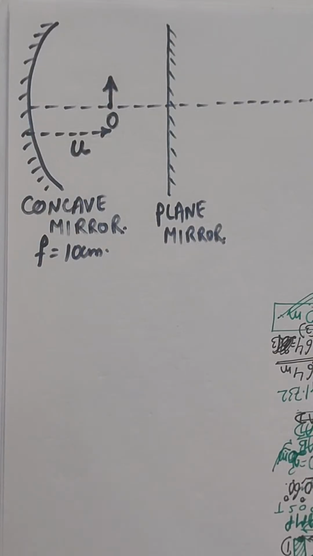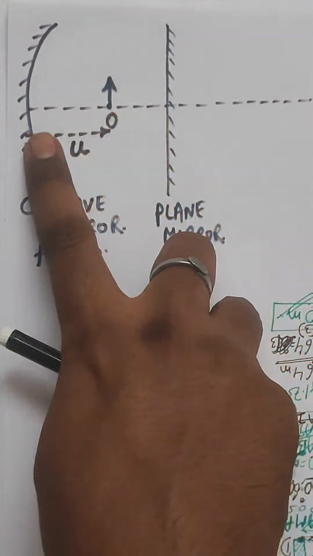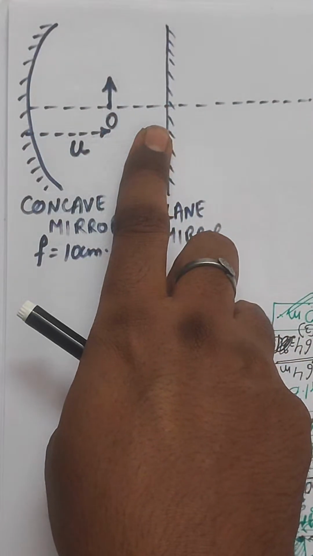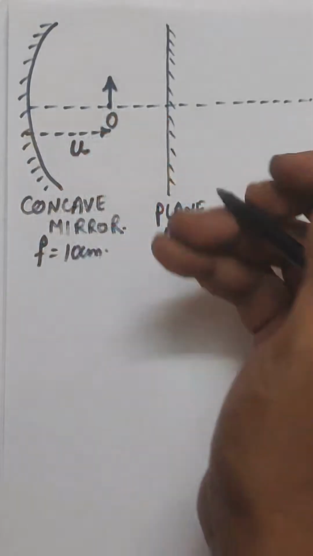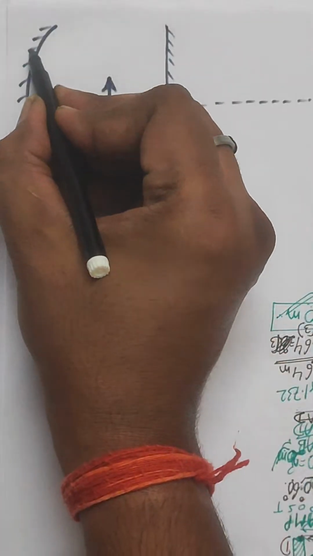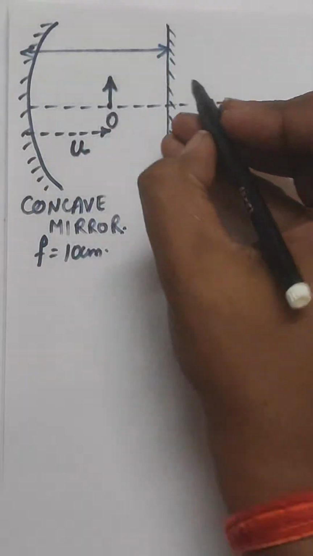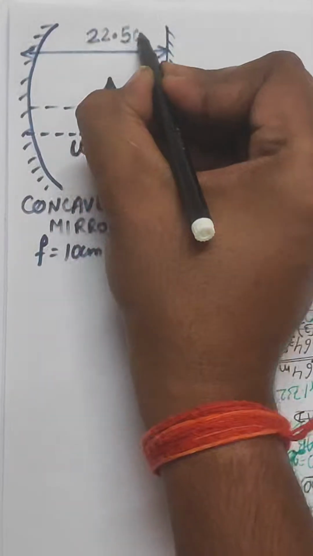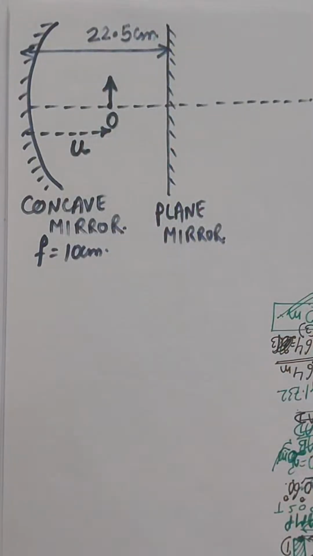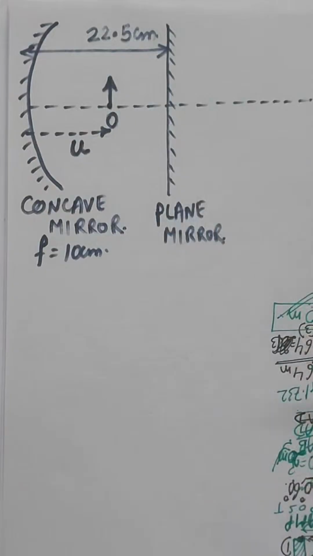Now the distance between the plane mirror and concave mirror is given to you as 22.5. So this distance is given as 22.5, that means the distance between the concave mirror and the plane mirror.